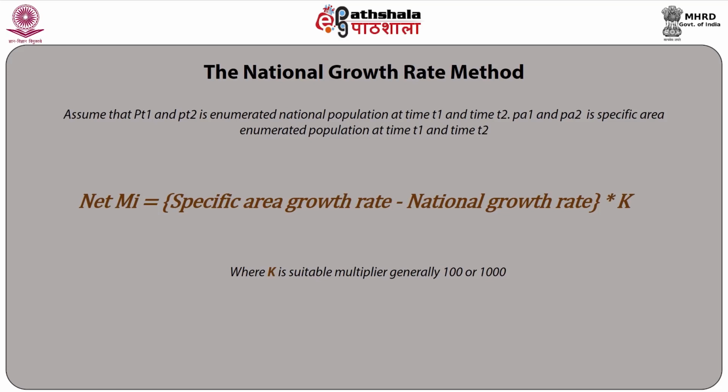The national growth rate method defines net migration rate for a specific area as net MI is equal to specific area growth rate minus national growth rate, whole into K, where K is a suitable multiplier, generally 100 or 1000.